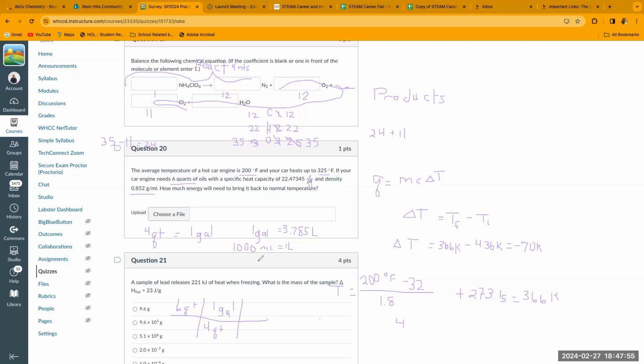For every 1 gallon, we have 3.785 liters, and for every 1 liter, we have 1,000 milliliters.